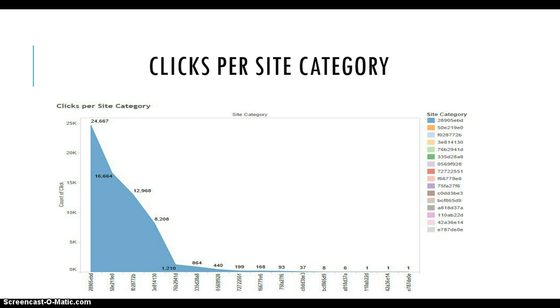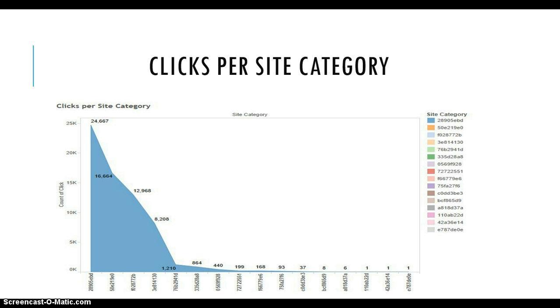Some of the other things that I discussed earlier were the clicks per site category. This was one that stood out and was interesting, and you can really see there's probably about seven site categories that contributed to the majority of this.